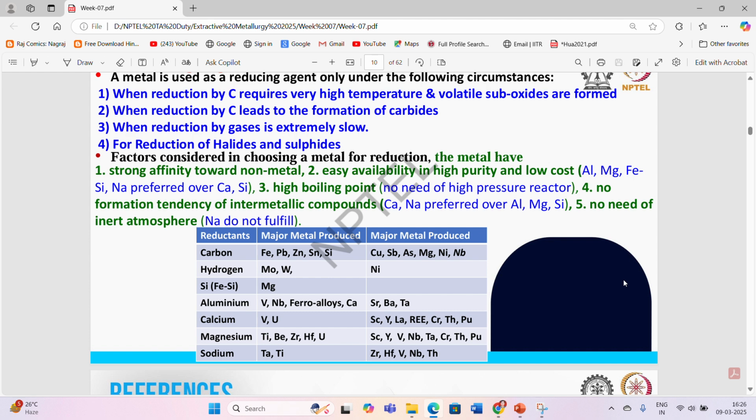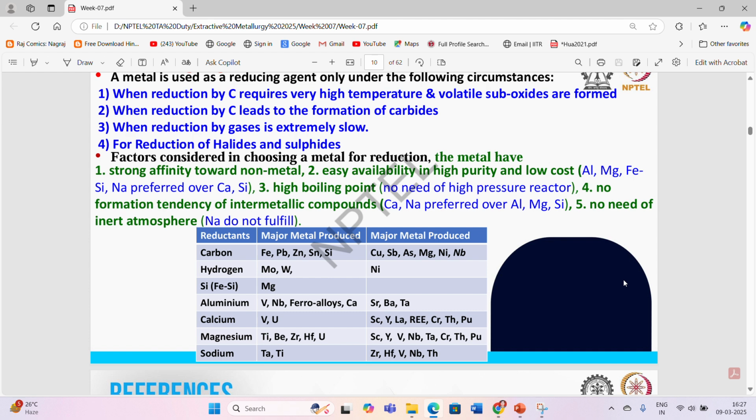For example, aluminium, magnesium, iron, silicon, and sodium are preferred over calcium and silicate as a metallothermic reduction process, because the availability of aluminium and magnesium is very abundant, and they are cheaply available, so they can be used for the metallothermic reduction process.